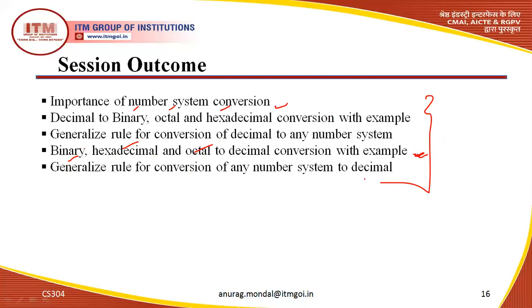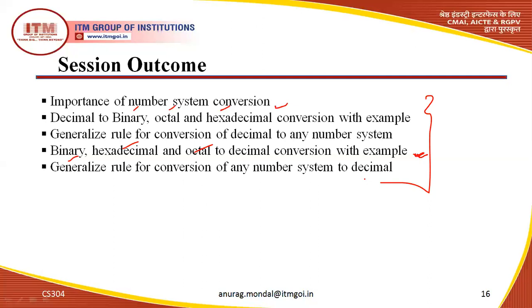In the next part of the number system, we need to learn conversion from one number system into another, meaning binary to hexadecimal, hexadecimal to binary, octal to hexadecimal, hexadecimal to octal, and any number system to any number system with one generalized formula.